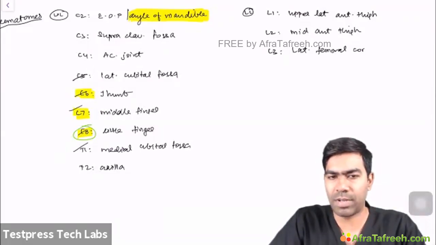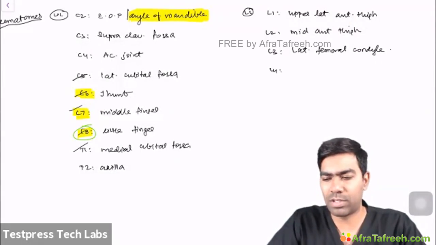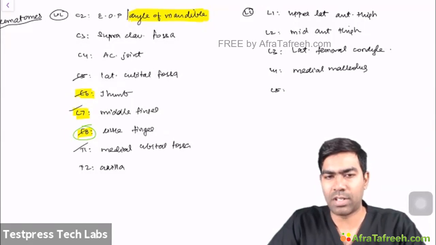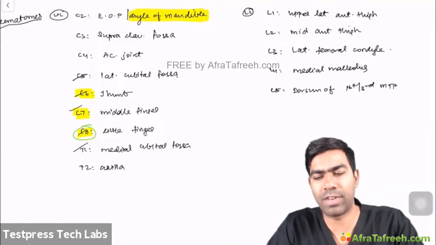That's the best place. L4 is medial malleolus. L5 is in the dorsum of foot, especially first and the third metatarsophalangeal joints. That's the best place to check for L5.